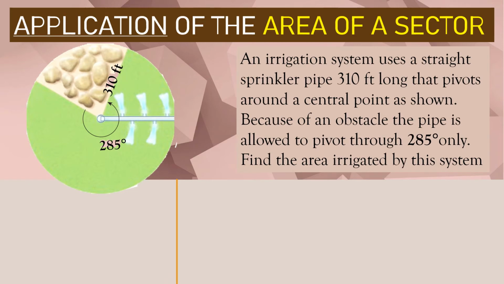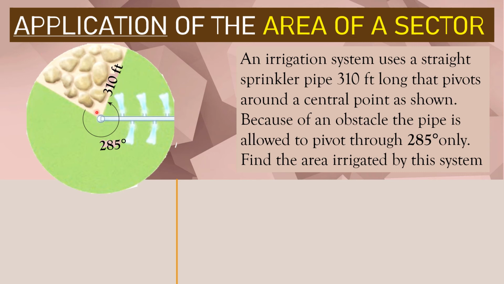Okay, let us have the first application of the area of a sector. An irrigation system uses a straight sprinkler pipe. Ito ang pipe na yan that pivots around a central point as shown. Umiikot-ikot daw yan. Because of an obstacle, the pipe is allowed to pivot through 285 degrees only. There is an obstacle here.